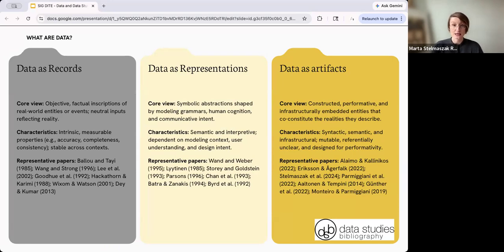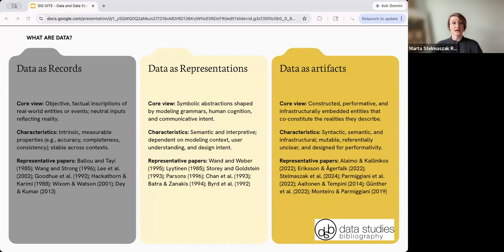So this is a collection that Aleksi and I started a couple of years ago now, and we're running it now together also with Daisy Shu, who has joined us recently. And within this data studies bibliography, our goal was to really try to identify papers that reveal and say something about data as an object of study.